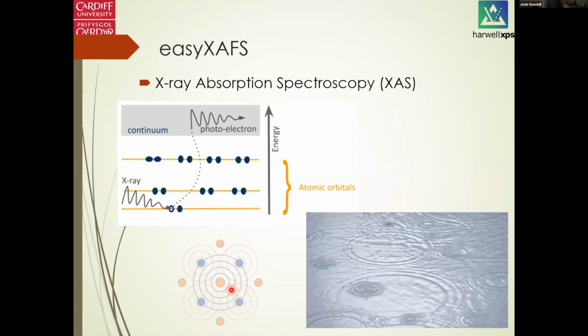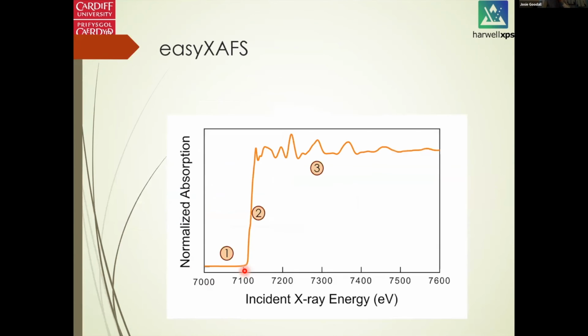So it's like the ripple in the pond. These photoelectrons have wave functions, and the oscillation will give us the local structures of the electrons interacting with other atoms. And the typical EasyXAFS spectrum is like this.